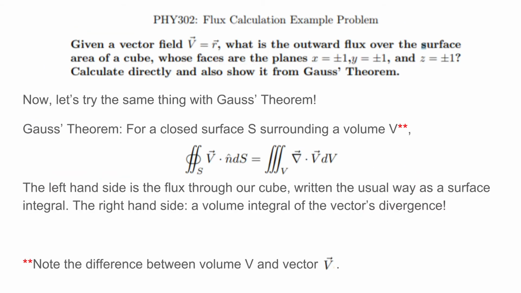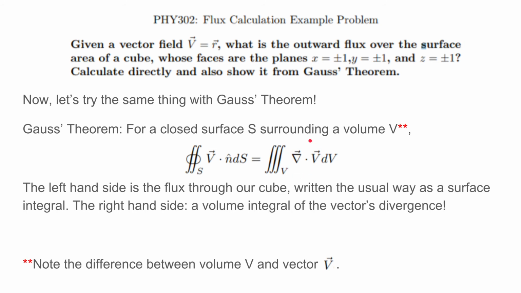Okay, now since our cube is a closed surface, we can try to do the same thing with Gauss's theorem. For a closed surface S surrounding a volume V, the surface integral over the closed surface of our vector dotted with the normal vector to the surface is equivalent to the volume integral of the divergence of this vector.